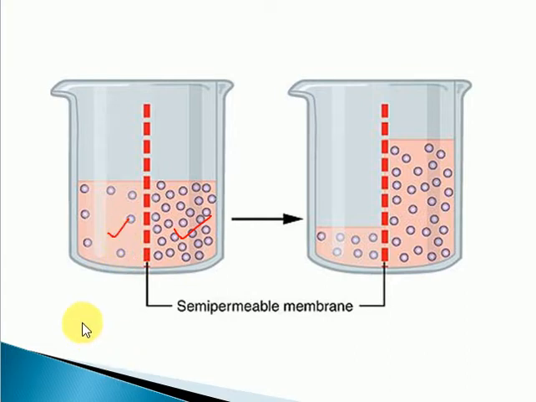Before moving forward, I'll explain one more thing: solute, solvent and solution. Suppose I take a beaker and add water to it. So water is the solvent. And if I add, let's say, 2 teaspoons of sugar to it, then sugar is the solute.